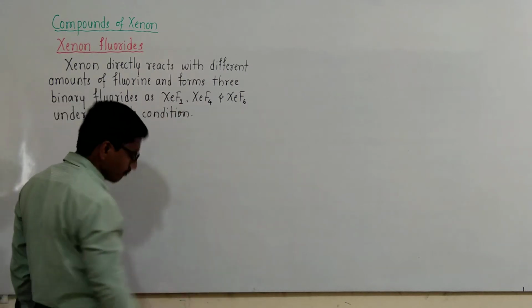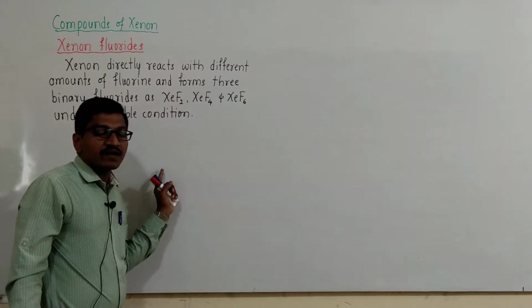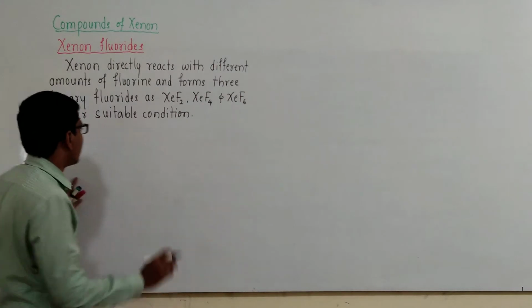These are the 3 important xenon fluorides obtained by direct reaction with different amounts of fluorine under suitable conditions.